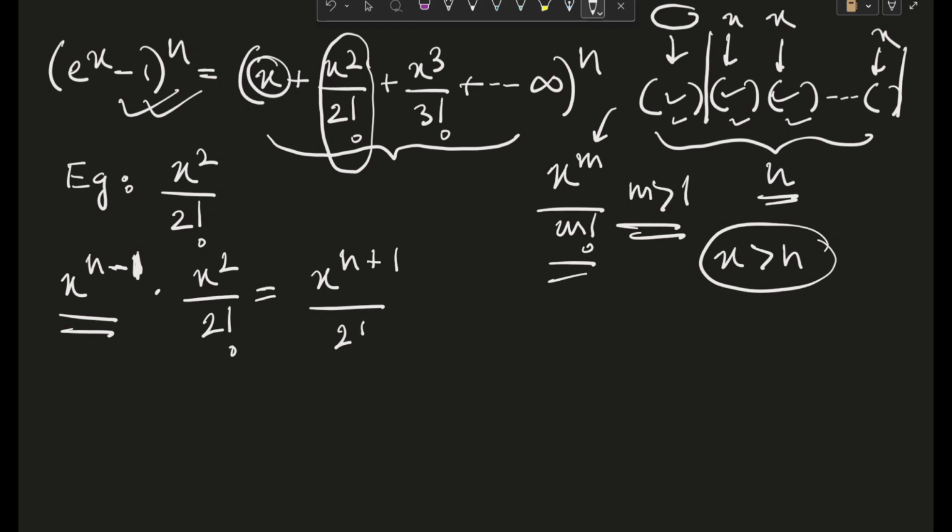Now you can see the power is greater than n, right? And now this power being greater than n, we will not be able to bring out our x power n. The motive of all this was we need our x power n by n factorial, right?